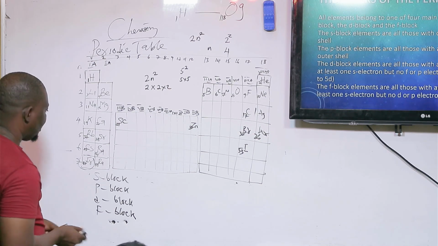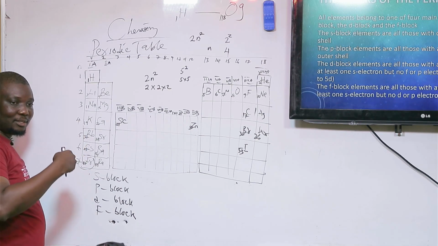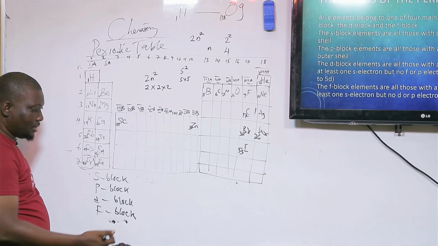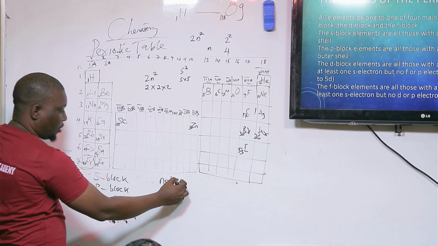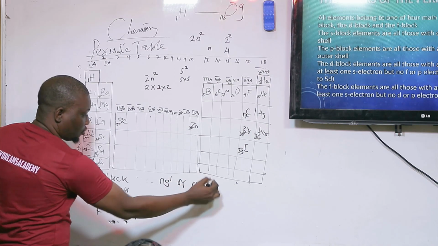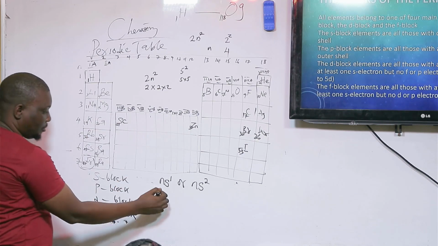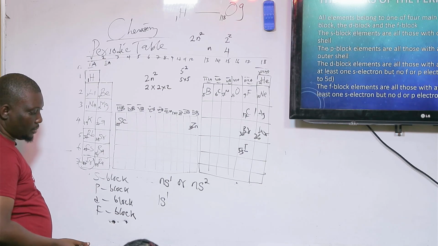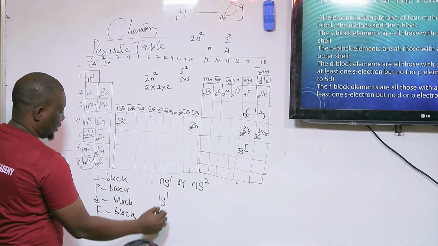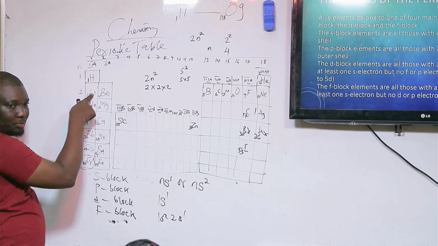In fact, it is any element whose last subshell is either ns1 or ns what? 2. This n can mean 1s1 as in hydrogen. Okay, it can mean 1s2 2s1 as in lithium.